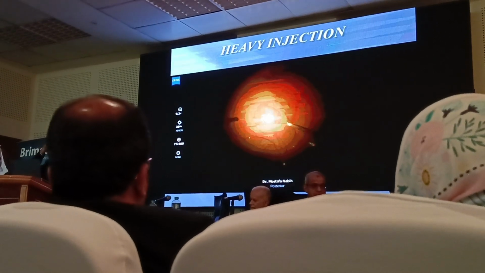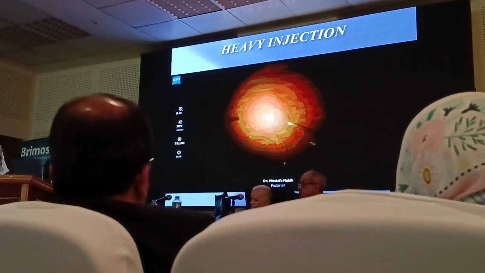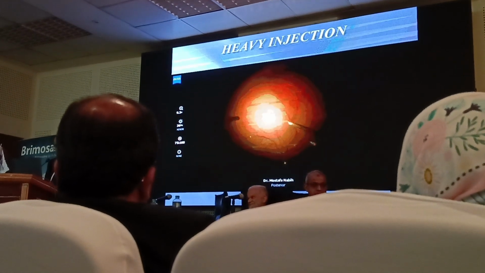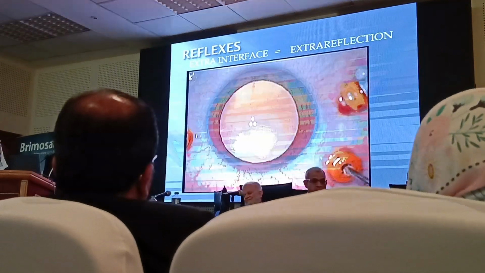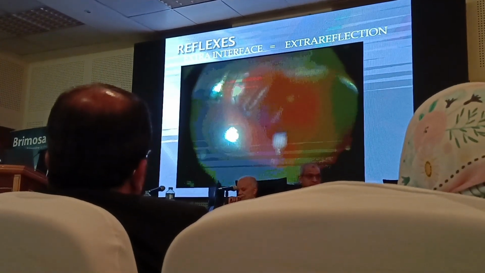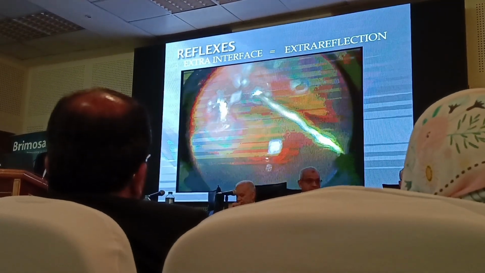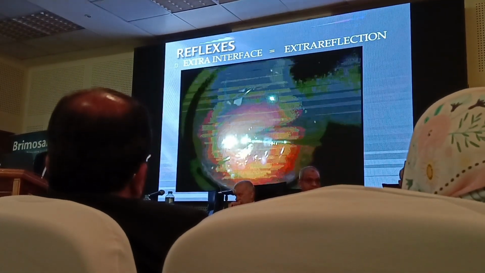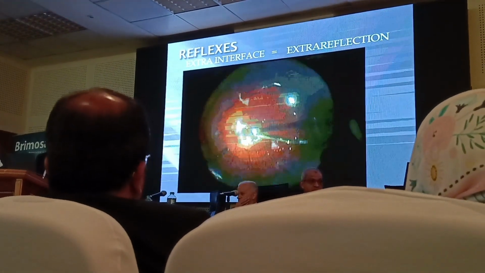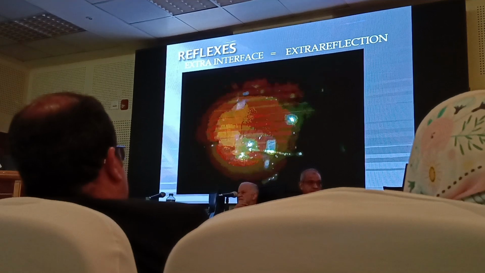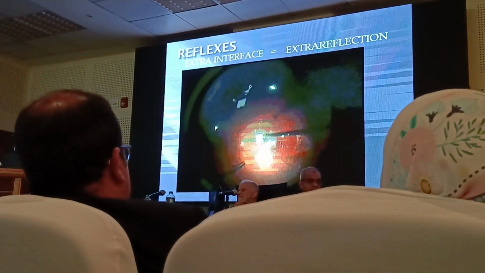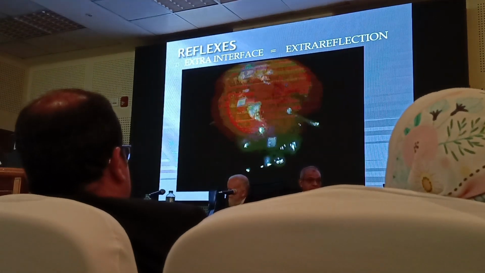Actually, having subretinal perfluorocarbon is a nasty complication that you want to avoid at all costs. Having this fluid with a different refractive index than vitreous, than water, than air, creates a third interface that induces many reflexes, and sometimes these reflexes are annoying.